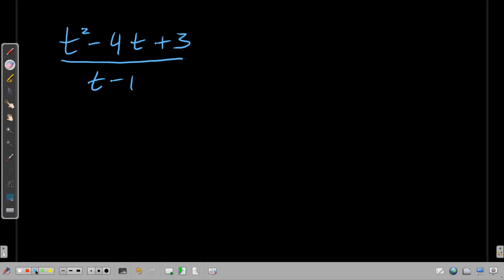All we need are the coefficients of this polynomial, which I am now putting in yellow. These are the coefficients. And then I need the root of the denominator. So the coefficients of this numerator are 1, minus 4, and 3.